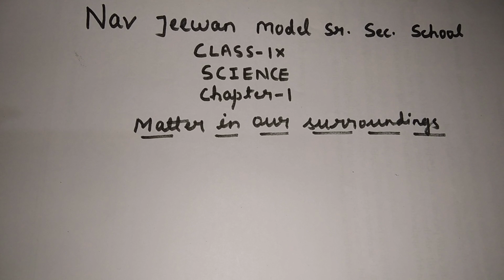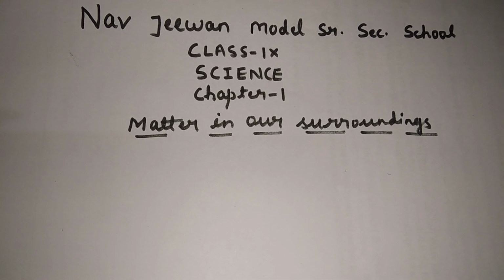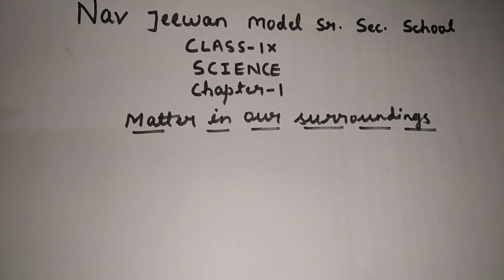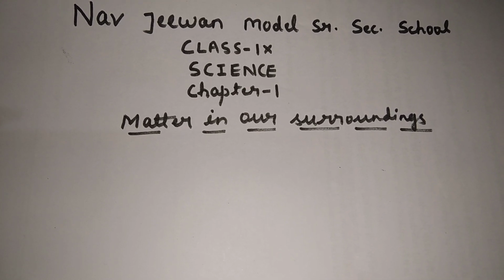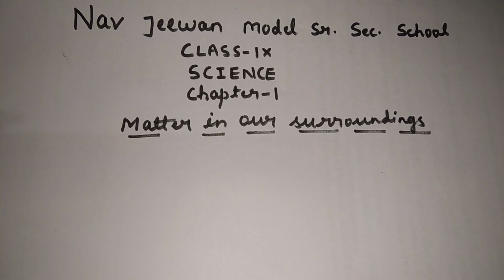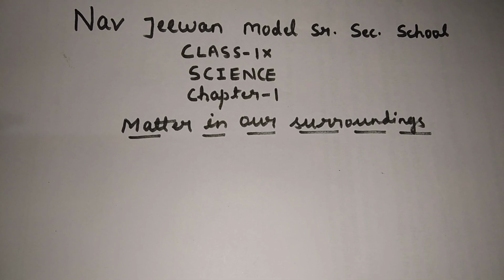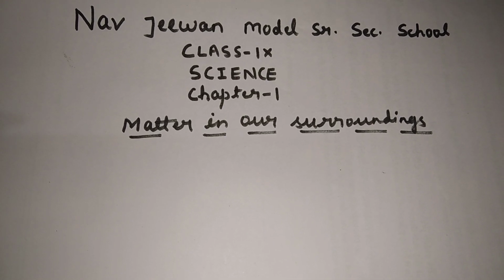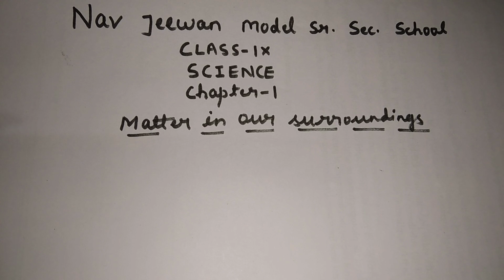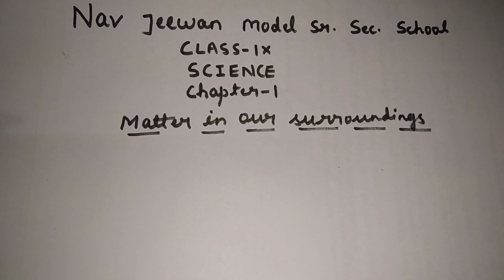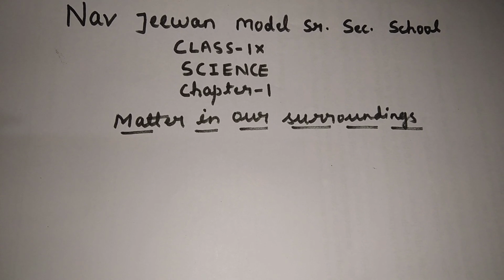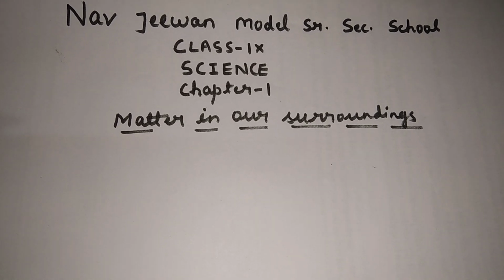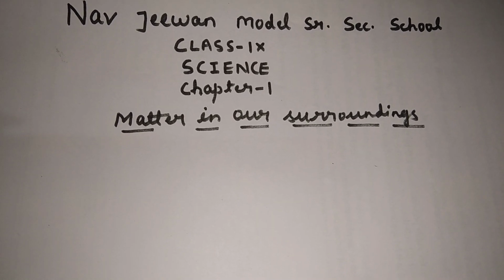Today we are going to do chapter 1 of class 9 science, that is matter in our surroundings. So today it is our lecture 3 of chapter 1. In previous lectures I have explained to you that matter is something which occupies space and has mass.